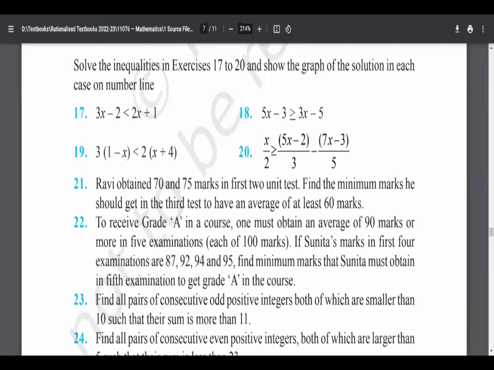This is minus 2 by 7. This is 0, this is 1, this is minus 1. We have to include this minus 2 by 7. So draw a complete dot here and darken this line till infinity. So this is our answer, minus 2 by 7 till infinity.